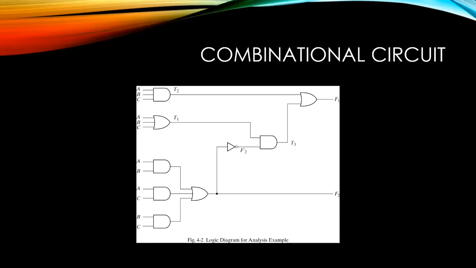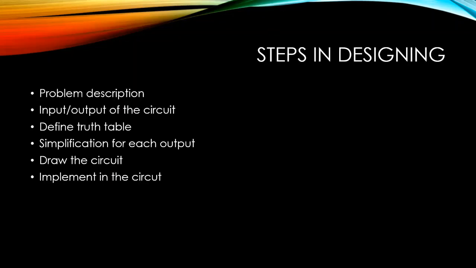So how do we design our combinational logic circuit? In designing, it's like solving a math problem. So we start with the problem description. We need to know what is asked, what should be the behavior of the circuit.